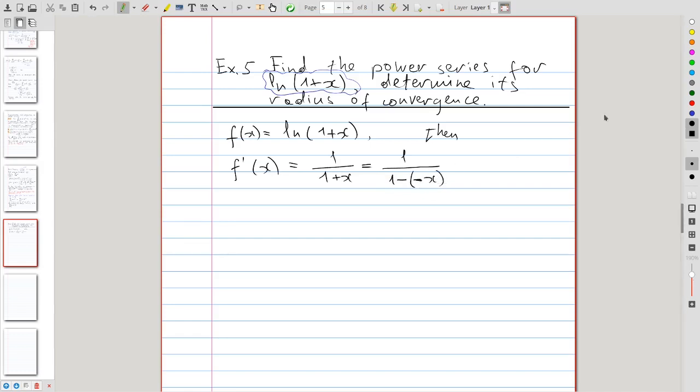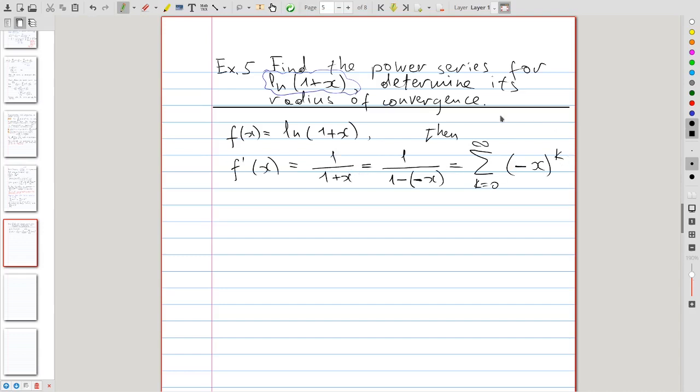Right? And since we have seen previously how to represent 1 over 1 minus x in terms of power series, it is equal to the sum of the geometric series like so. It's the sum of x to the power k, and in this case our x is replaced by minus x. So this is the power series representation of 1 over 1 plus x.